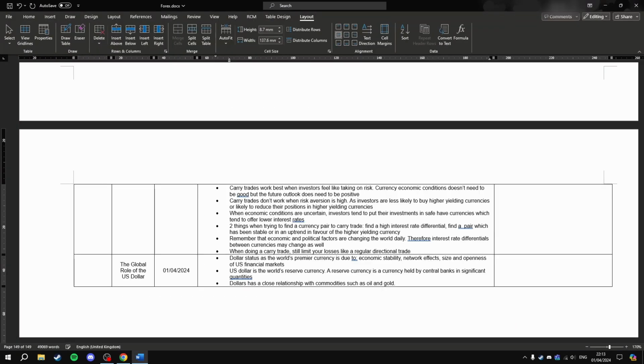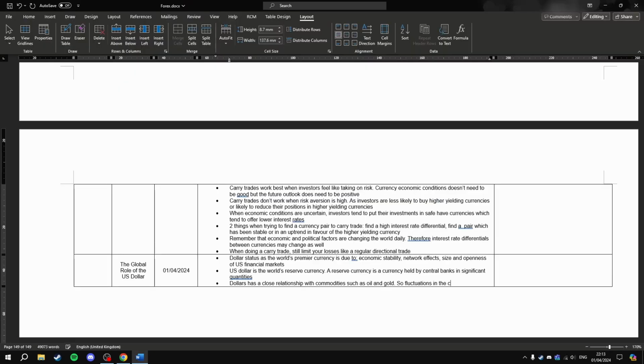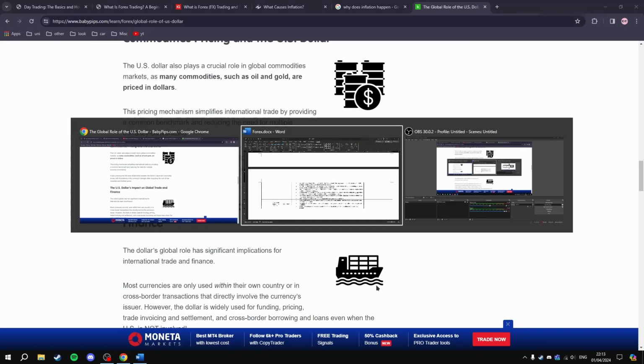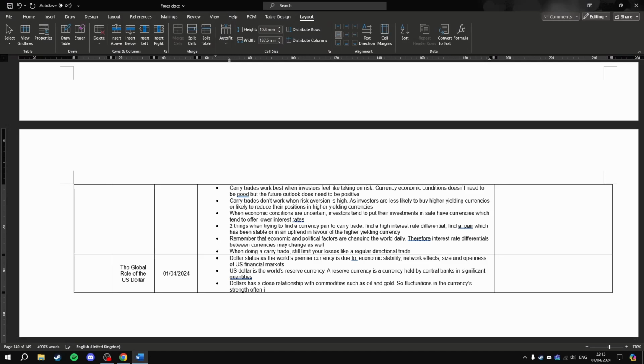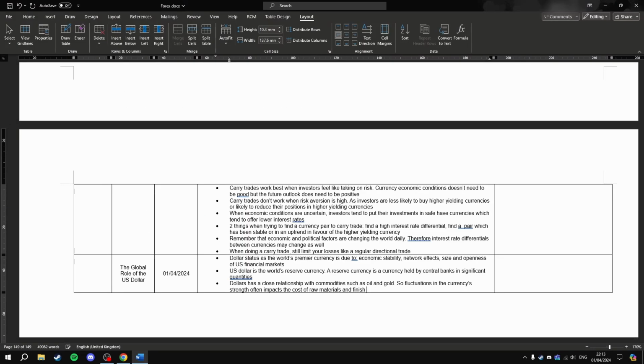So fluctuations in the currency's strength often impact the cost of raw materials and finished goods.